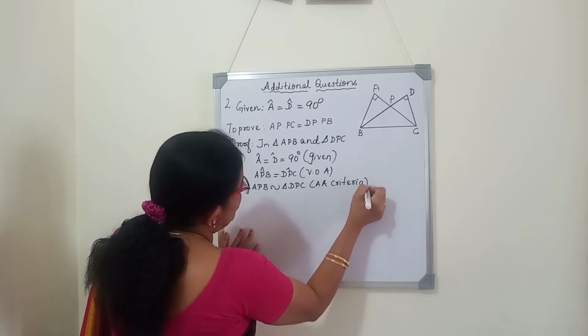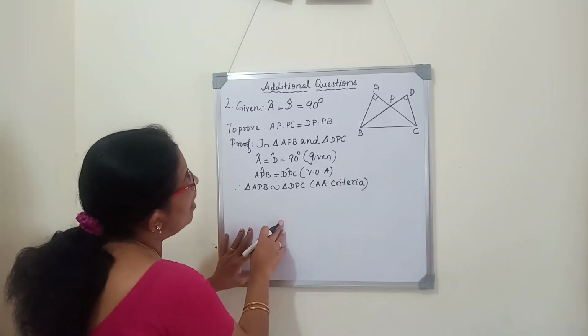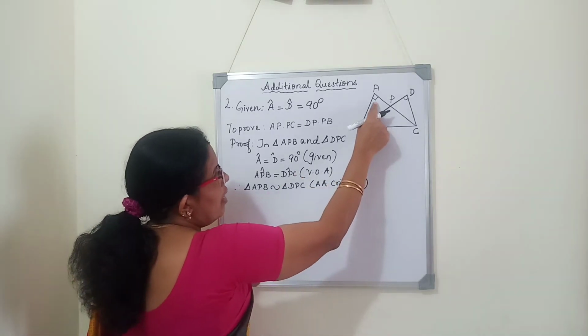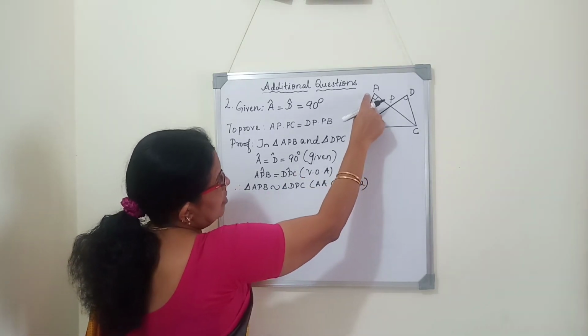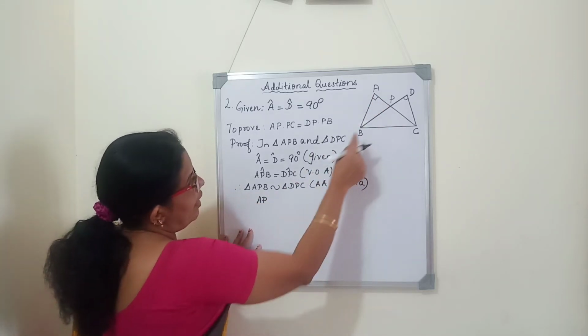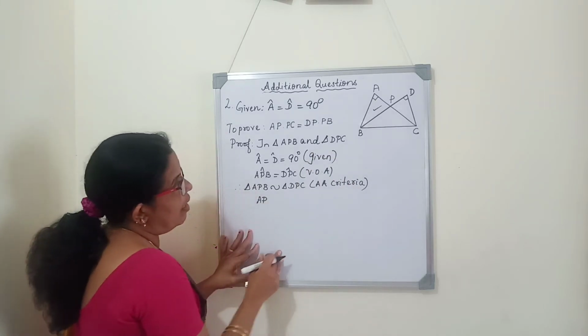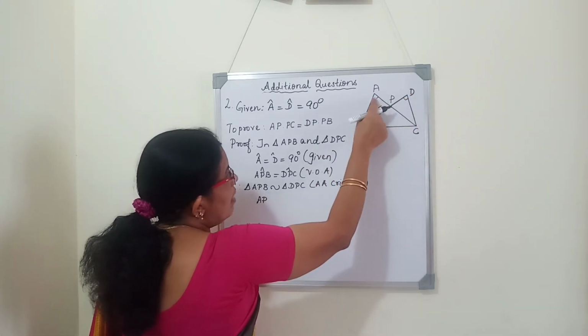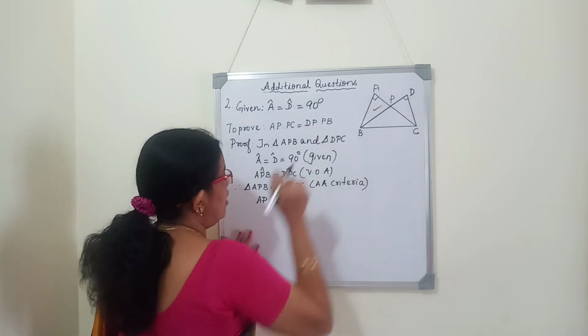Now we have to write the ratio of the sides. While writing the ratios, always start with the common angle, that is the corresponding angle. So here when we write AP, it is the side of triangle APB. When we start with AP, the corresponding side is DP, because angle A is 90 and angle D is also 90.